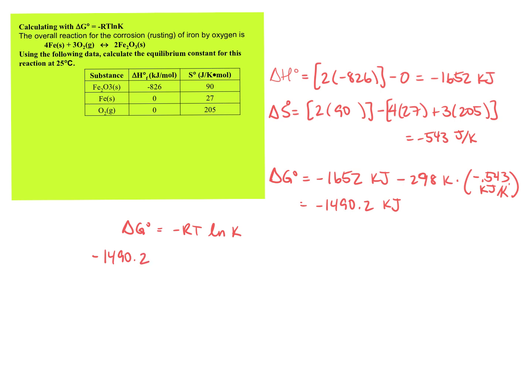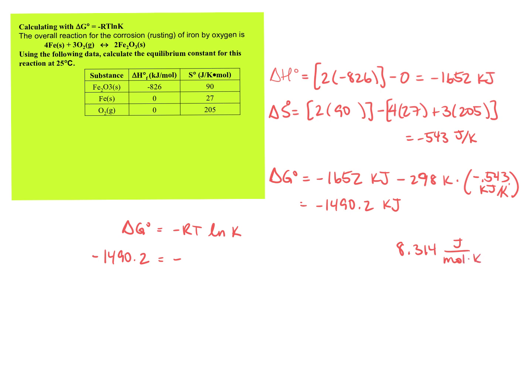1490.2 equals, now negative R, you probably are thinking about the gas constant that you use in PV equals nRT, which is 0.0821. But when you're dealing with energy, you have to use 8.314, and the unit for this one would be joules per mole Kelvin.